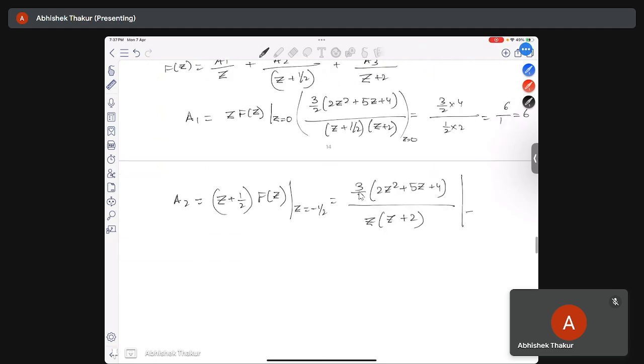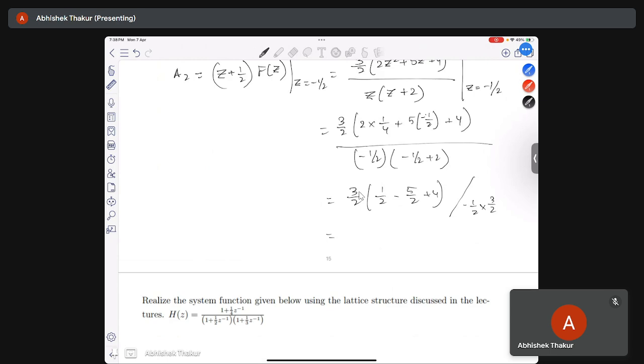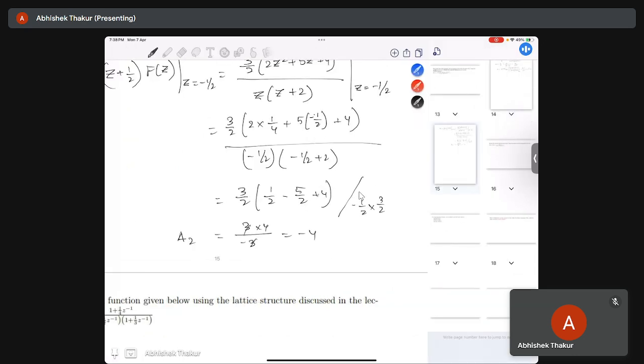So we will get 3/2 (2 into 1/4 + 5 into minus 1/2 + 4) divided by minus 1/2 into 3/2. So 3/2 (1/2 minus 5/2 + 4), that is 3, divided by minus 3/4, so it is equal to minus 4. So A2 is equal to minus 4.